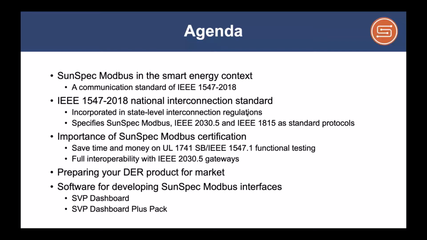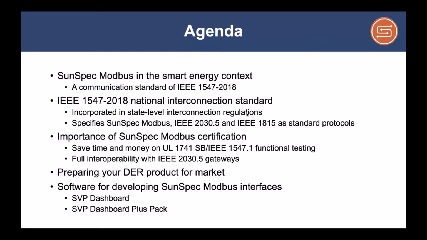There was a previous version, of course, the 2003 version, and IEEE 1547 underwent a major upgrade in 2018, such that it could address smart inverter functions and so that it could add data communications.